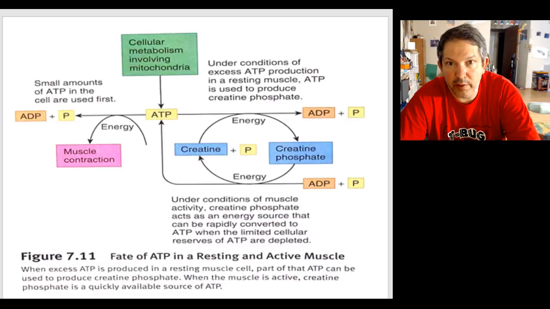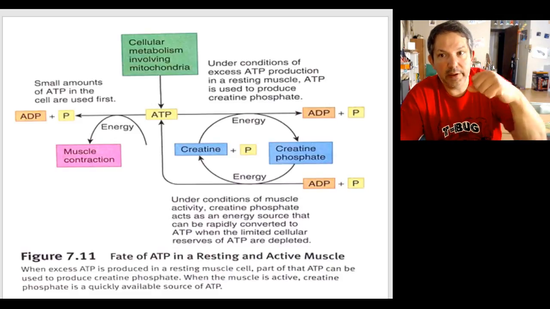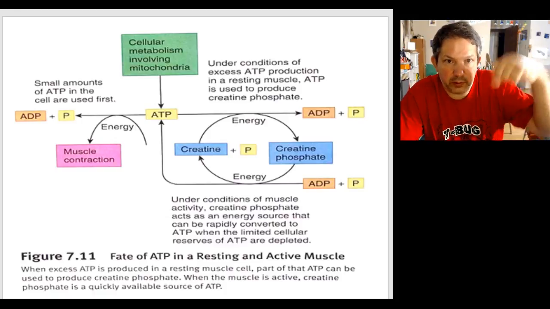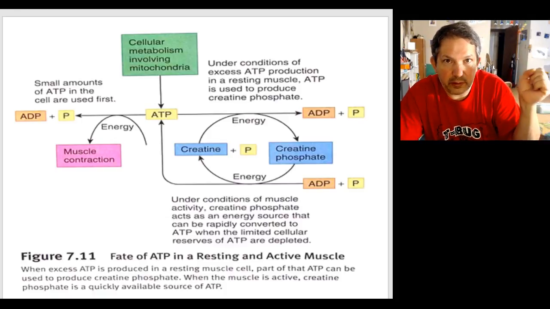We're not going to go into how we make ATP right now, but we make ATP and then we use that ATP in the process of muscle contraction. But how is it used? To release and cock. To release and put potential energy in.